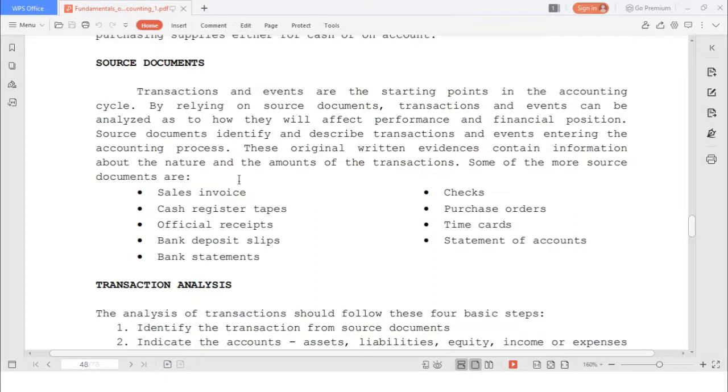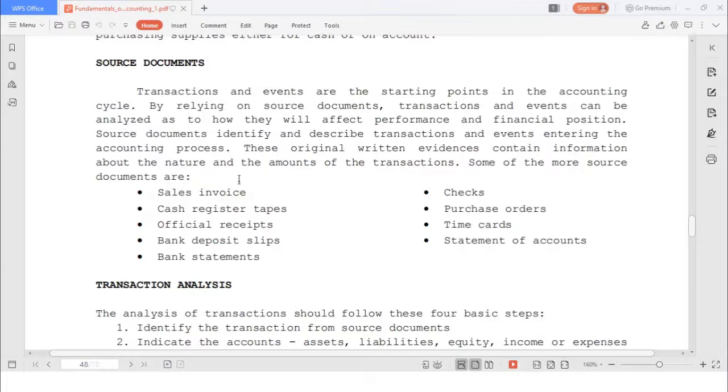After we have identified the business transactions, what follows next is analyzing. By analyzing, we have to ask ourselves, what is the value received and the value parted with? Again, what is the value received and value parted with in this particular transaction?